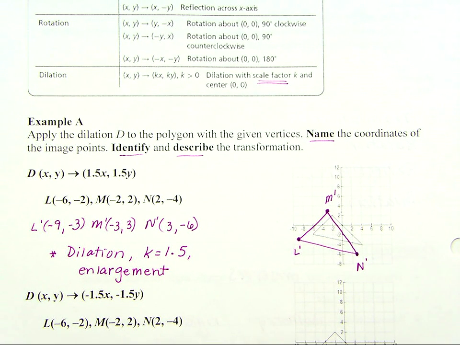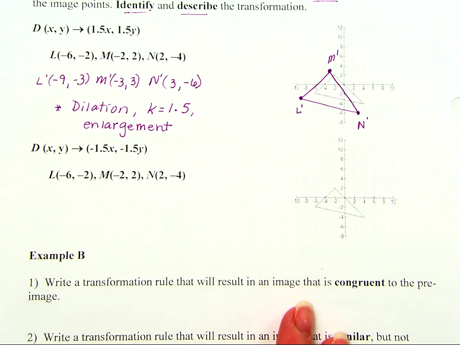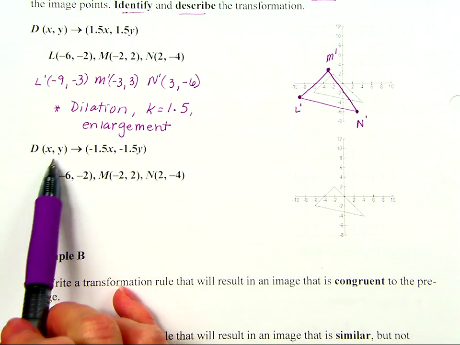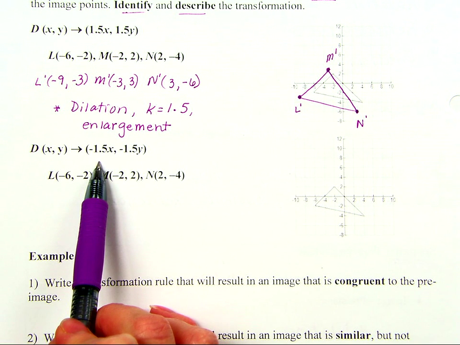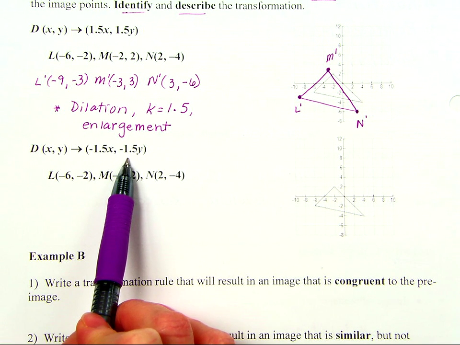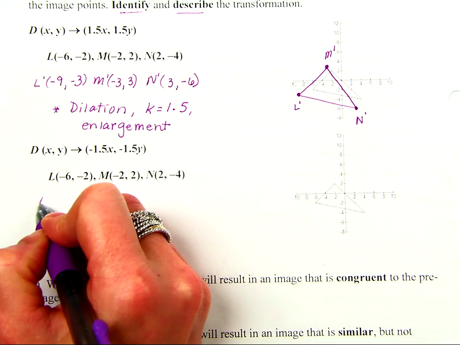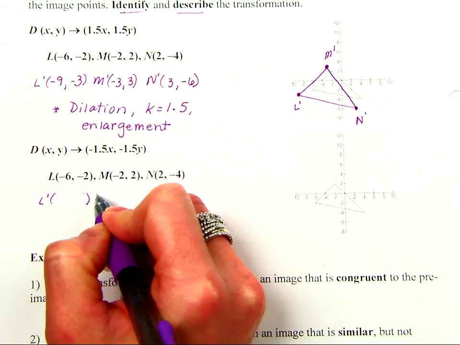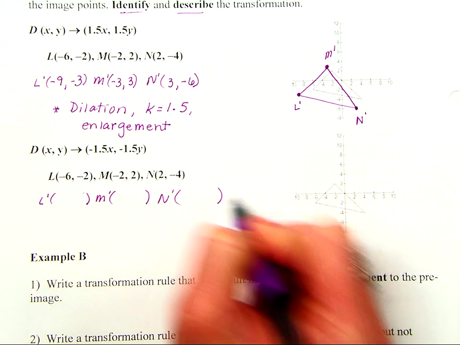Okay, well, let's take a look at the second one. The second one asks me to take xy and map it to negative 1.5x and negative 1.5y. So we're going to investigate what happens. We have a similar scale factor, but this time we have a negative thrown in there.